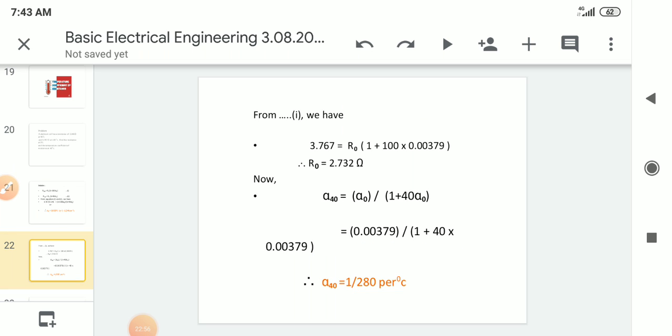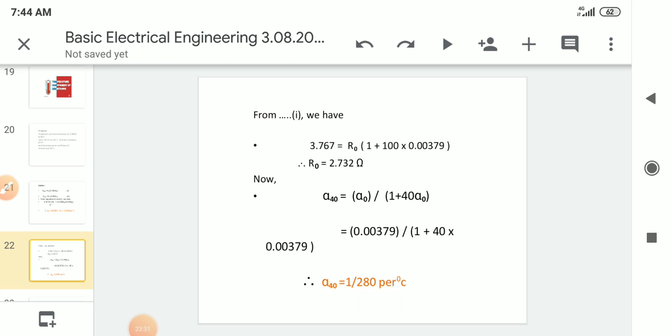Next, alpha naught is the equation for what? R naught by 1 plus RT into this T. We are getting this R naught value like that.